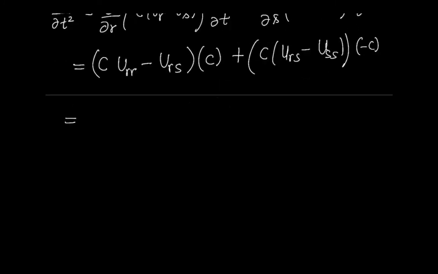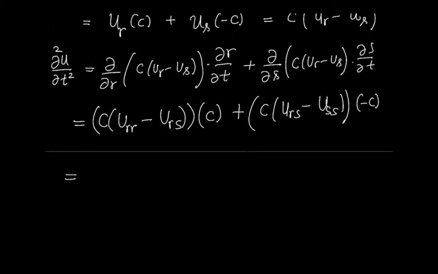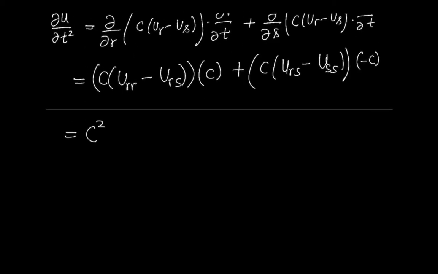Therefore, this is going to be c squared times u r r minus u r s, with a negative sign here because this is negative. So u s r or u r s is the same thing.